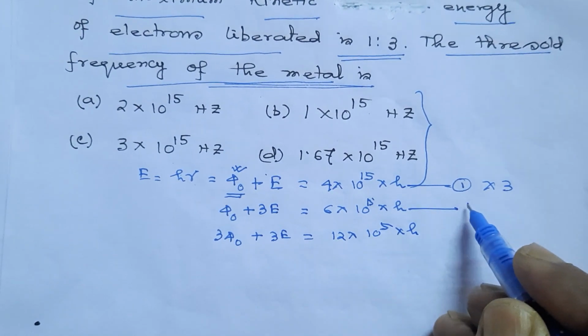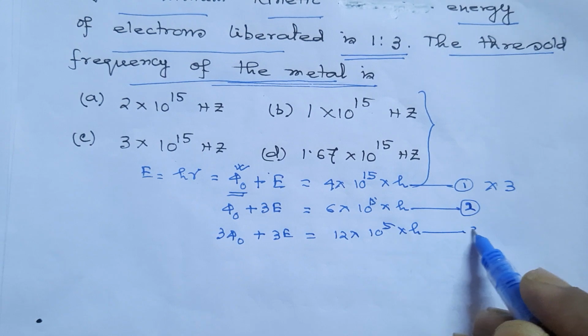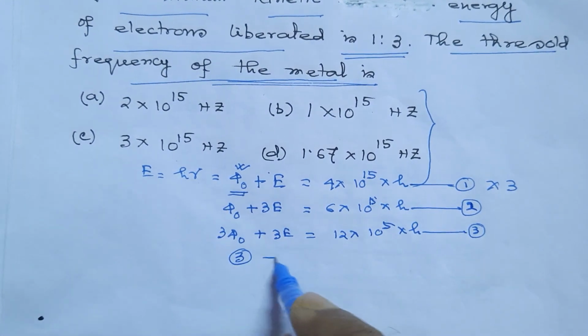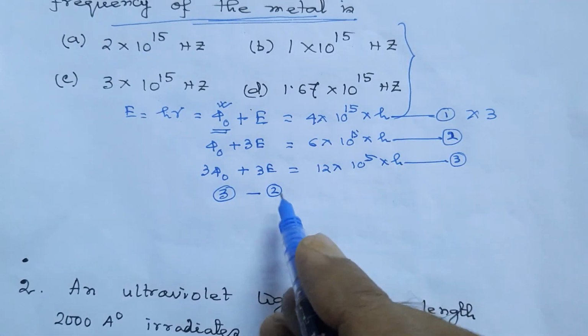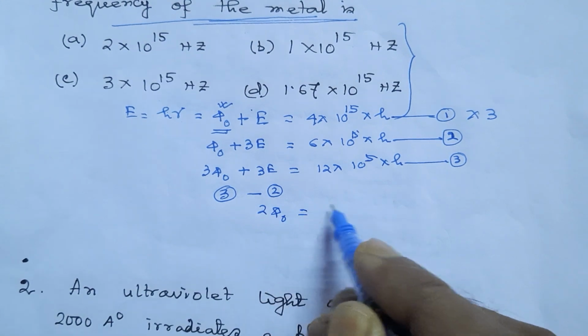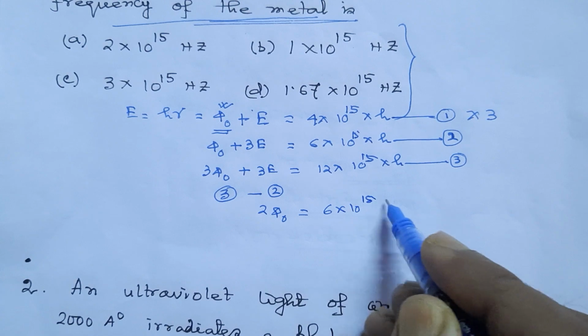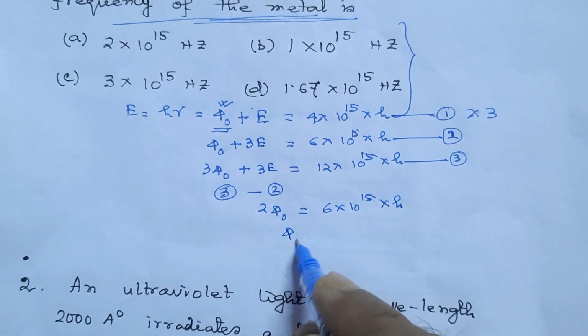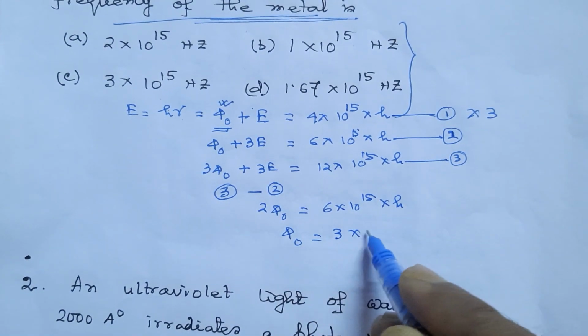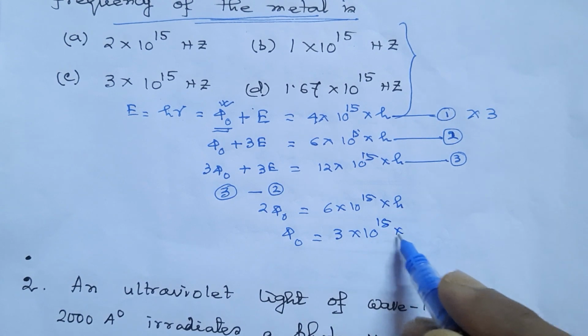So this is equation number 2, this is equation number 3. Equation 3 minus 2 gives us 2 phi 0 equals 6 into 10 to the power 15 into h. So phi 0 equals 3 into 10 to the power 15 into h.